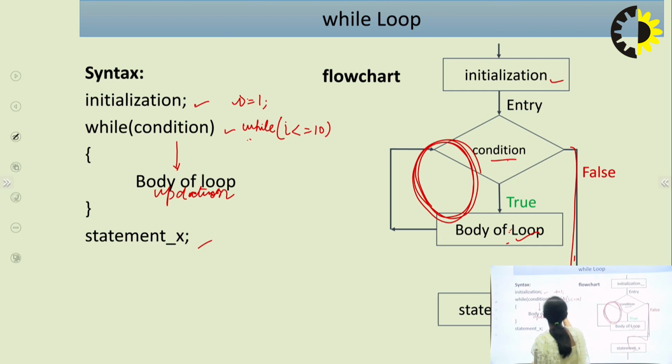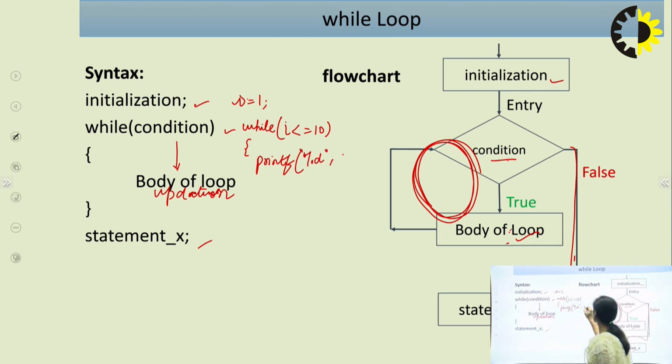In that case, it will printf the value of I, and once the value of I is printed, it increments and then it proceeds.